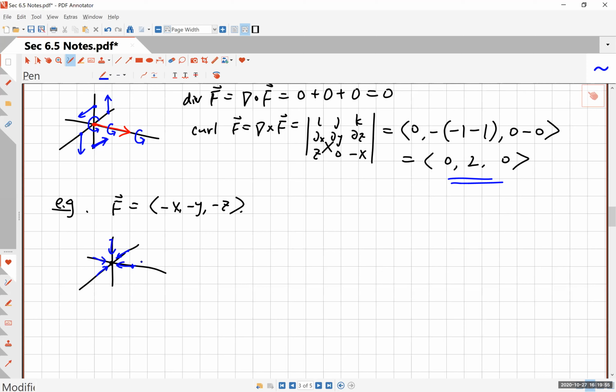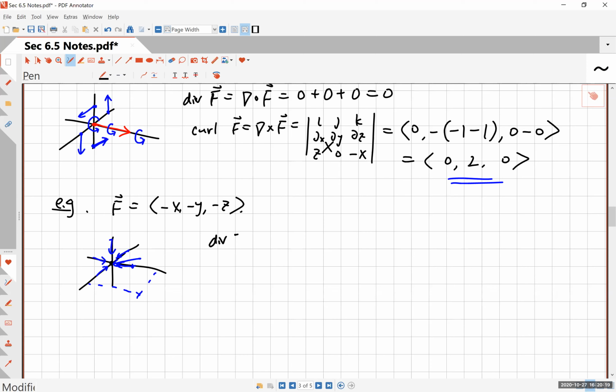If you pick a point like, let's say, 2, 2, 2, well, the vector is negative 2, negative 2, negative 2. That's going to go straight at this point, pointing straight at the origin. So at every point, this vector field is pointing straight at the origin. The farther you go, the bigger or longer the vector is.